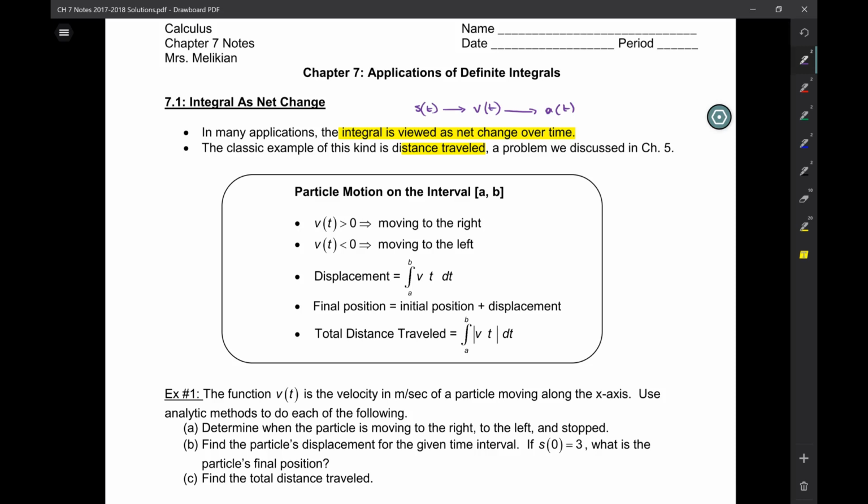Now, if you want to go backwards, then it's just the integral. So if you have A of t and you take an integral, then you go to V of t. And if you take an integral of V of t, then you get S of t. Okay? All right.